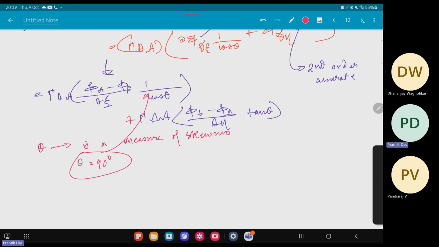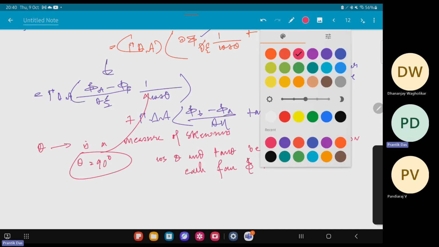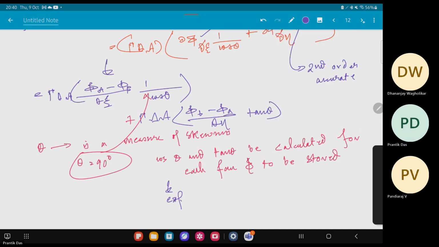So theta should not be equal to 90, and cos theta and tan theta must be calculated for each face and stored. It means these terms we were not storing for the structured grid, so this makes the whole thing expensive.